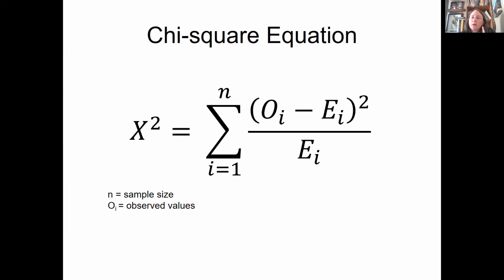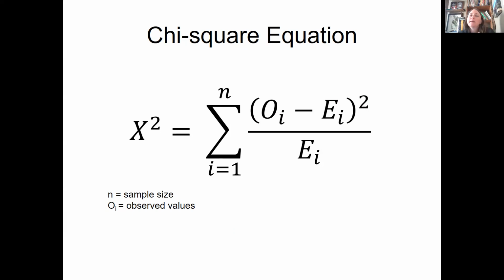So we're going to add up every value of O sub I minus E sub I, where E sub I is 2.0. It's kind of the deviance, like how deviant is our milk fat. We take O sub I minus E sub I, square it, and then divide by E sub I. Now we have to do this for each value of O, and there's 5 of them.